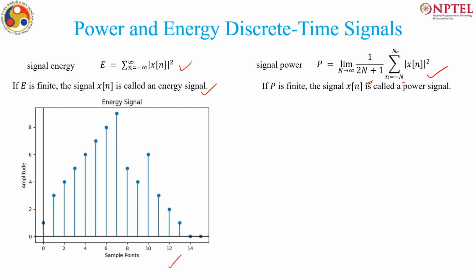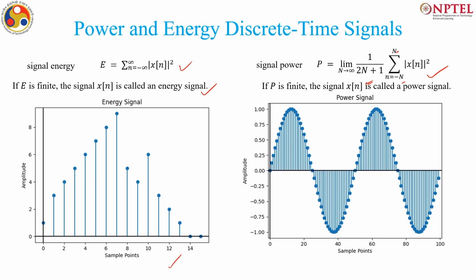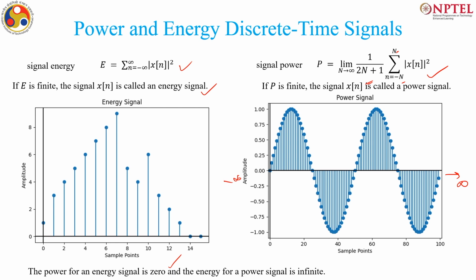If the power is finite, the signal is called a power signal. Say, a sine wave: this is just a part of the sine wave, which extends to infinity and also starts from negative infinity. So, this is a power signal. The power of an energy signal is 0 and the energy of a power signal is infinite.